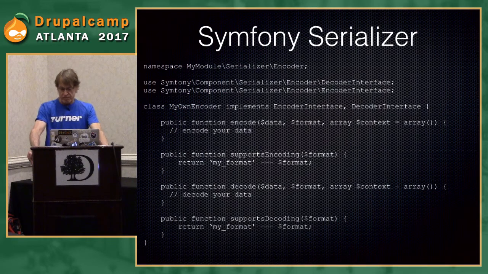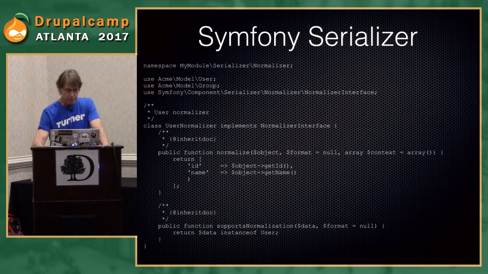This tells what format your encoder can handle. And then you implement the encode method to handle actually encoding the data. Likewise, for decoding, you implement the supports decoding method, saying what format you can decode, and then a decode method to actually handle the decoding of your data.